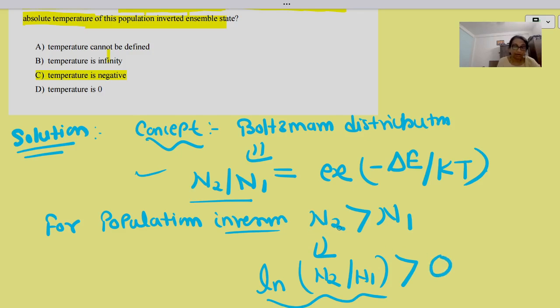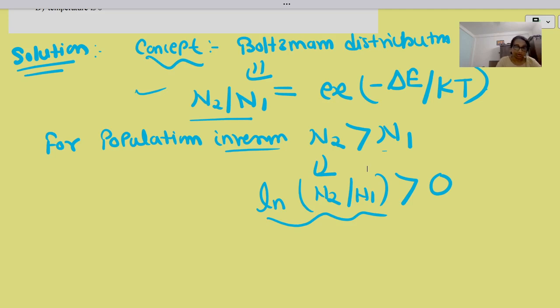Therefore, the value of N2 will be greater than N1. Okay, it is a concept. On the basis of this concept, the population inversion is going on.